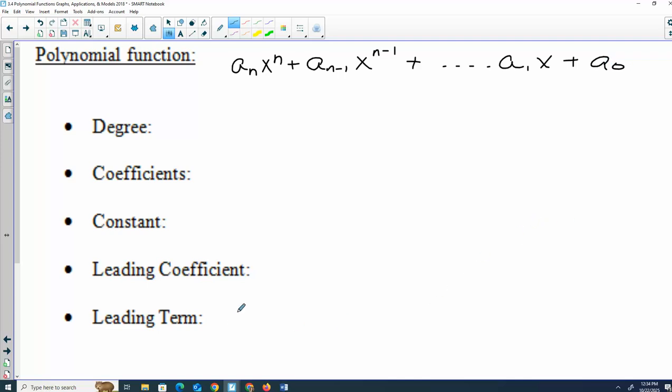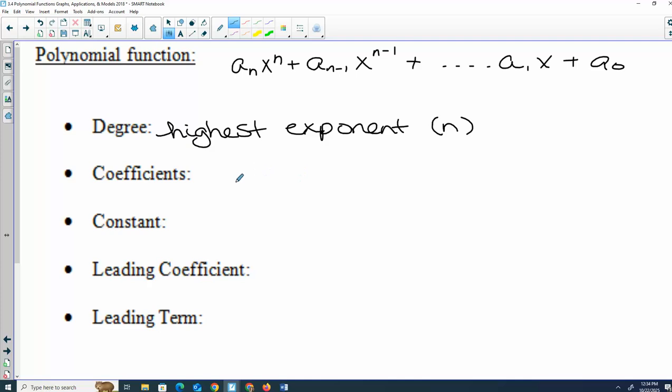What is the degree of our polynomial? What does degree refer to? In this scenario here, if I write out that polynomial, my highest exponent would be n.